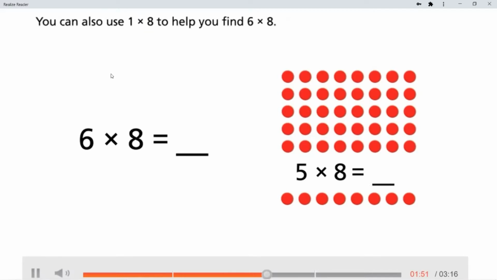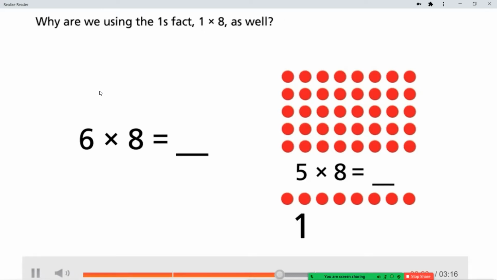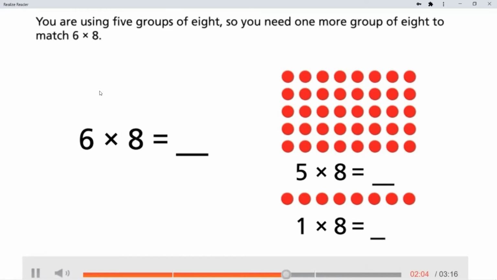You can also use 1 times 8 to help you find 6 times 8. Why are we using the 1's fact 1 times 8 as well? You are using 5 groups of 8, so you need one more group of 8 to match 6 times 8.